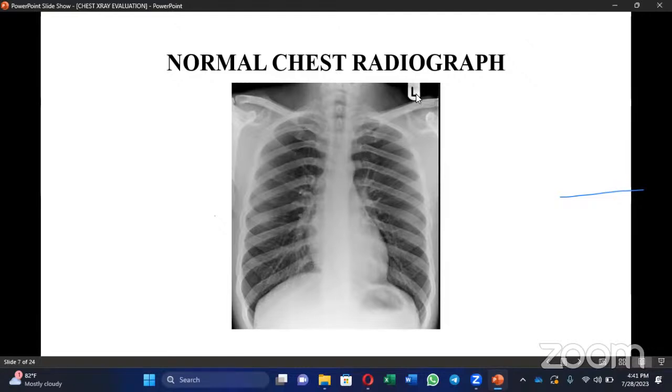The reason is that we always review or read an X-ray image as if the patient was standing in front of you. So just assume that the patient is standing in front of you, face to face. The patient's left will be your right, and the patient's right will be your left. Please, do you get me?